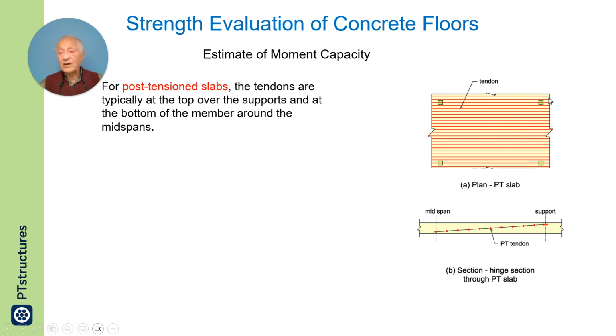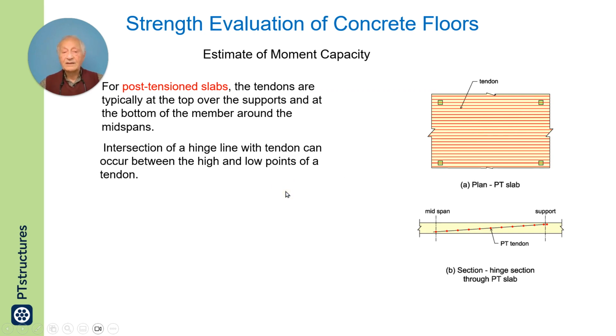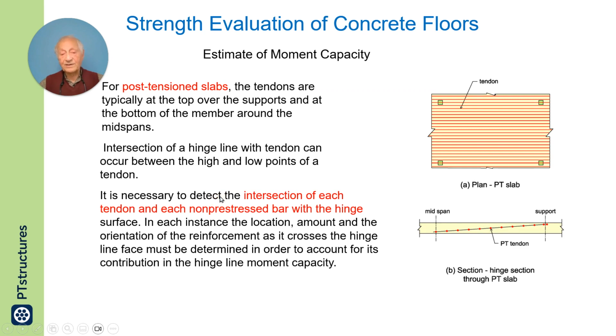So if you have a hinge line that goes from the column to the center of slab, the intersection of a hinge line with tendon can occur between the high and low points. If the hinge line is here, the tendon is high here, the tendon is low here. So in this section, the location of tendon through the depth is not constant, it varies.